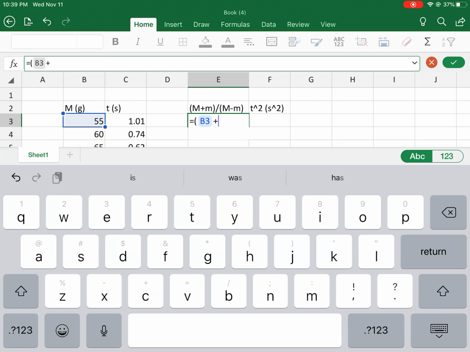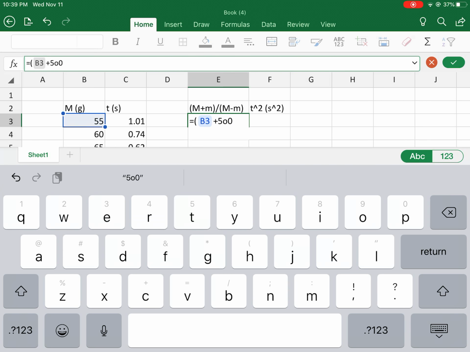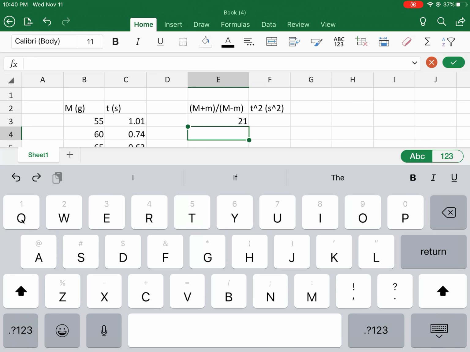My little mass, in my case, was 50, and in your case, I think it was 60. So I do the sum divided by the difference. So again, I click on B3 once more, and then I do minus, and then I type the little mass 50, which was the case for my experiment. Close the parentheses, hit return, and there we go.